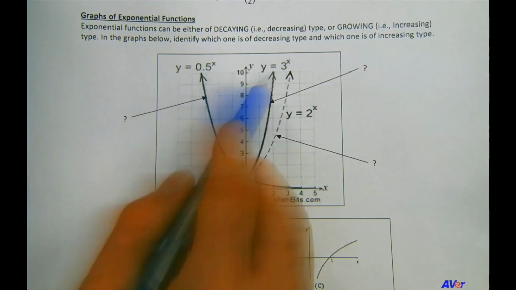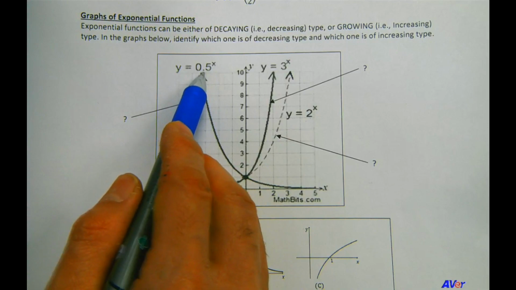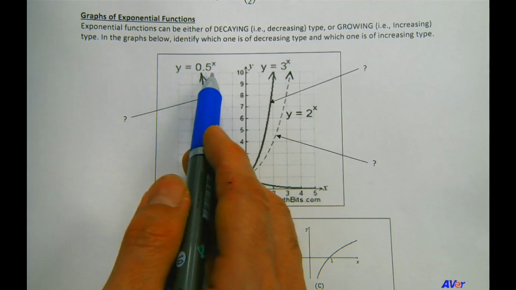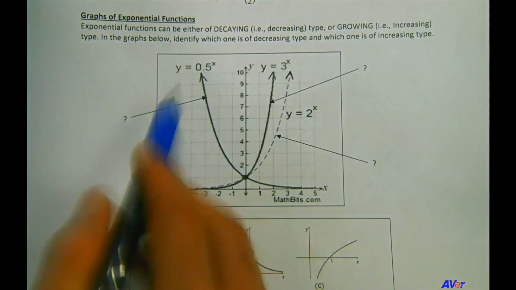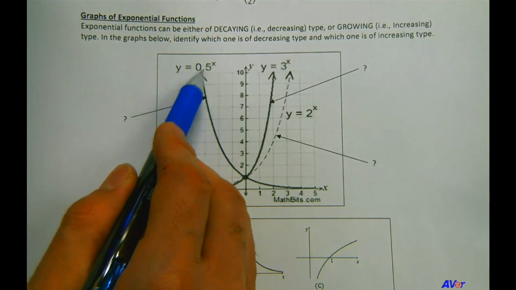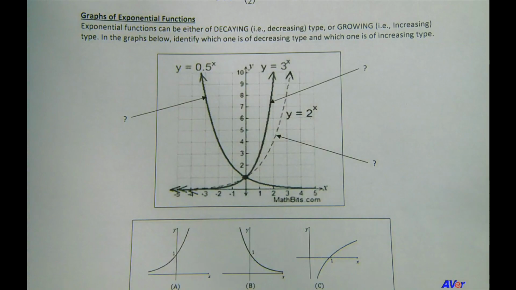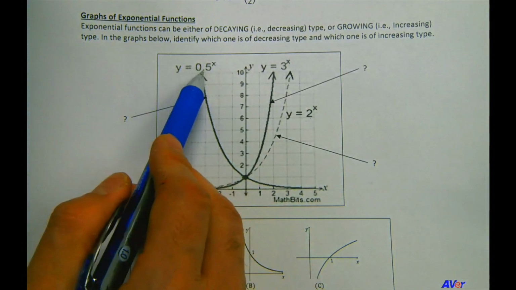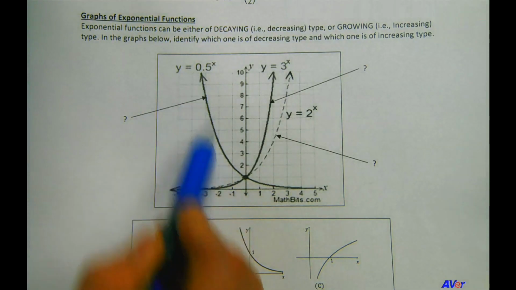If the base of the exponential function is any value between 0 and 1, not including 0 and 1, then the exponential function is a rapidly declining function. So this function has 0.5, some number between 0 and 1, and look at the behavior.